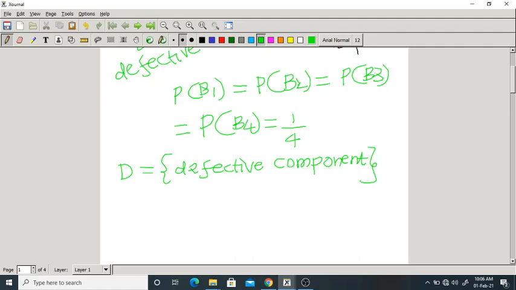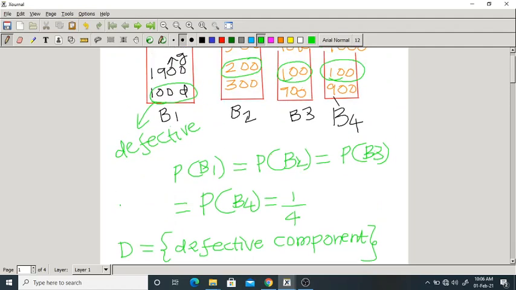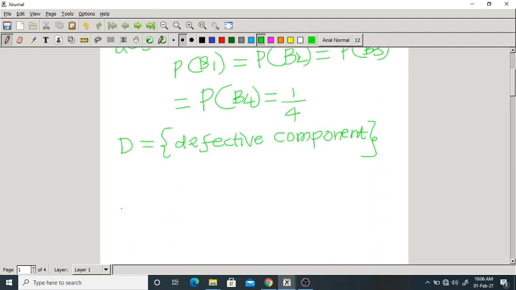Okay. Now, before that, we have some conditions we can take. We can find the probability that we select a defective component from the first box. What this indicates is, given that we are getting a component from the first box, what is the probability that it is defective?